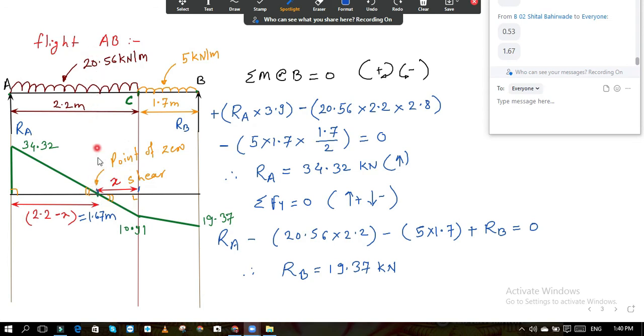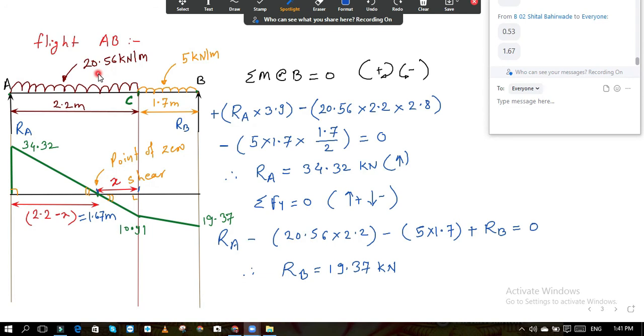So what is the span of the UDL now? It is 1.67 meter because this is 1.67. Okay. So, and what is the distance? 1.67. So its CG will be at a distance of center of 1.67.